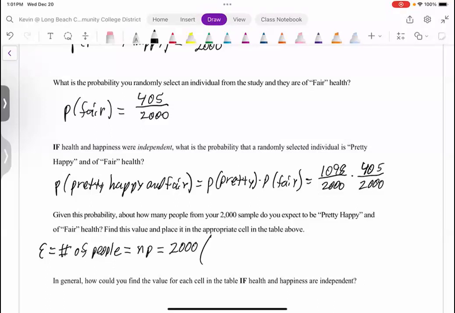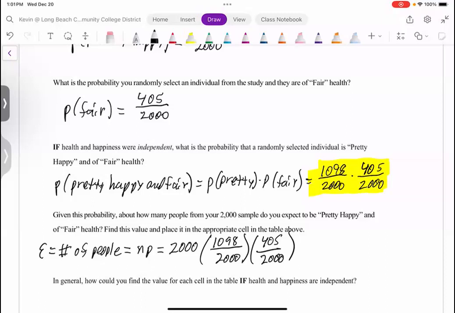P is above. This is your p. So we have 1098 over 2,000 times 405 over 2,000.